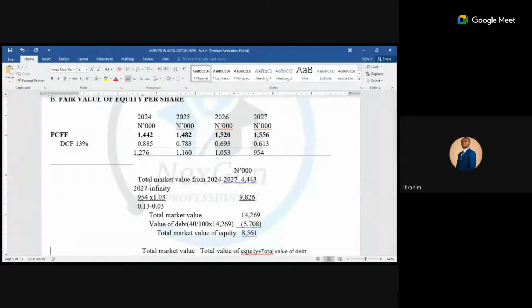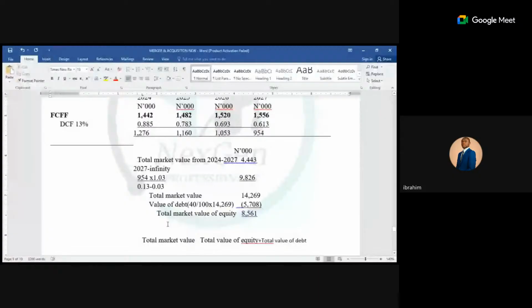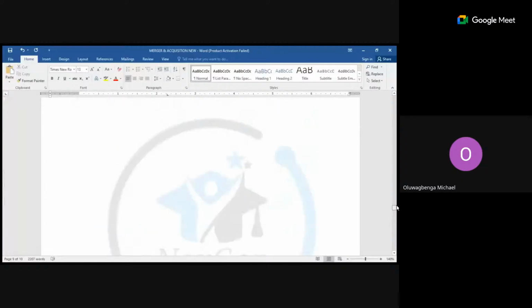Fair value of equity per share is equal to 8561 divided by, what is the number of shares of LT? 150 million.